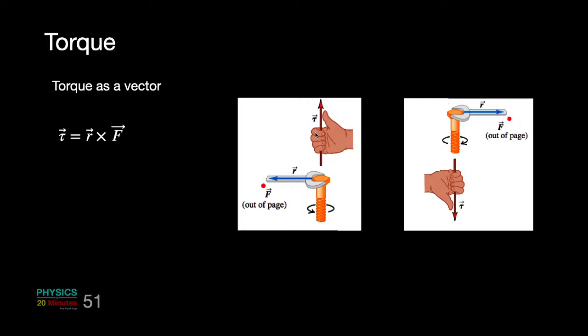You can see it is curled this way. In that case, the outstretched thumb will give me the direction of the torque. So if I rotate it this way, which is anti-clockwise, then the torque works in the upward direction. If I reverse the direction of the rotation, then you can see that torque is working downward.